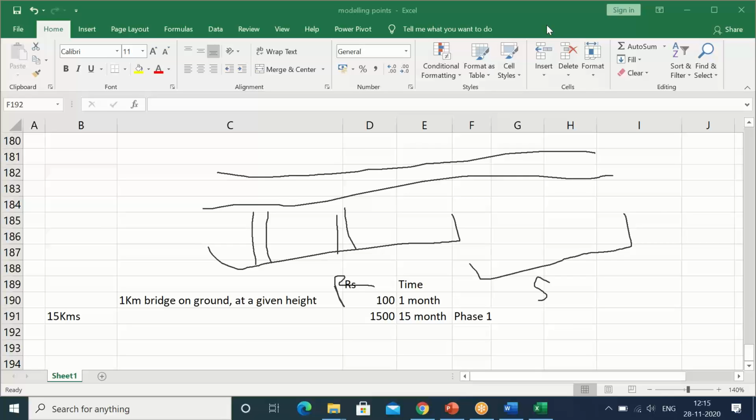As a financial analyst, this is not your expertise. This is given by the engineering team of the client. So the engineering team of the company or the client in this case will tell you how much time and how much costing will be required for the construction of 1 kilometer, and then you extrapolate that. Okay, sir. Thank you.